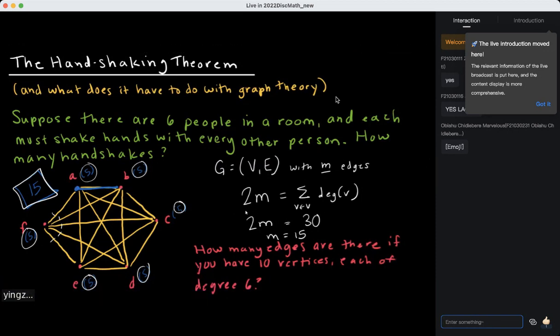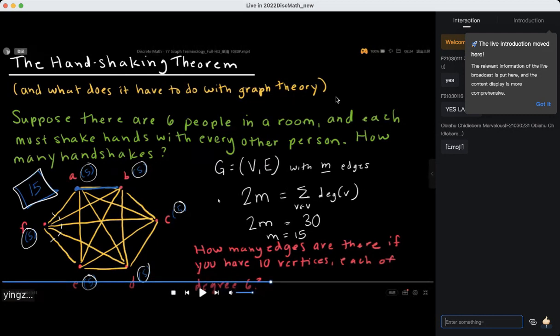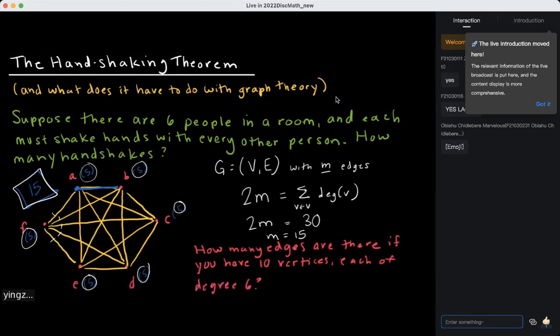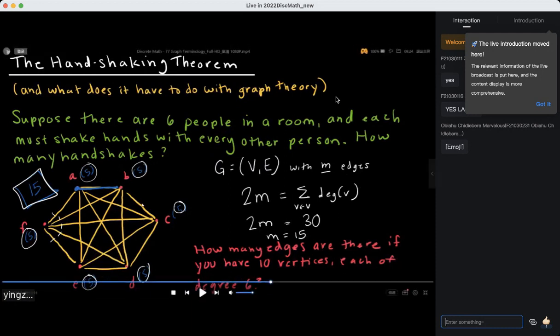That means 2 times the number of edges is equal to the sum of all the degrees. And here we can easily count, because each person shakes hands with all the other people. So for each node, there are the 5 remaining people, so each node has 5 edges. 5 edges means degree 5.